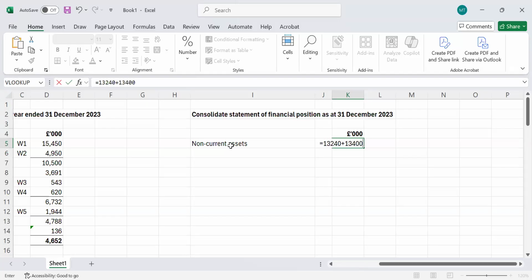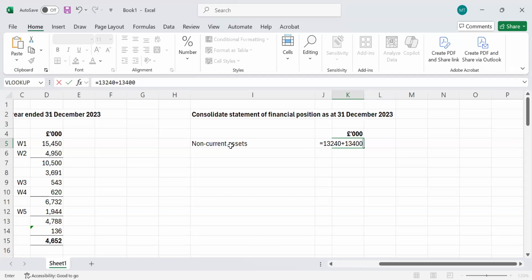Okay, don't make a mistake. Don't put the figure at cost, the asset value at cost. 13.4 is the fair value in note 1 for non-current assets.